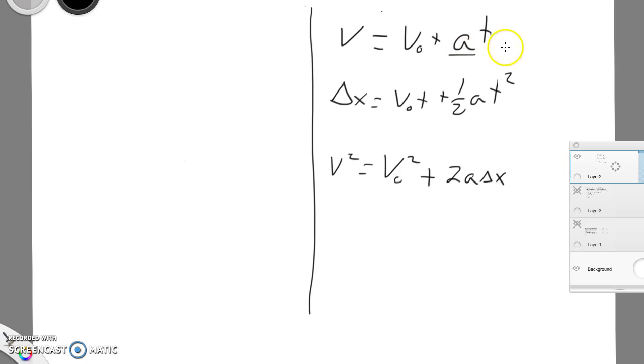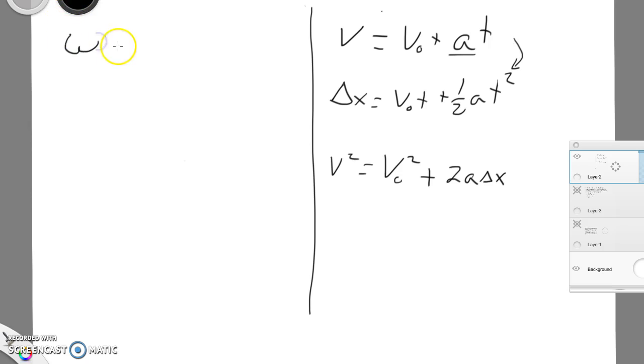And all of these are pretty closely related through calculus, through derivatives. These two especially are related because if you take the derivative of this equation with respect to time, you actually get that one. This one, there's a little more algebra involved, but all of it has to do with the fact that acceleration is constant. And so when we have constant acceleration for angular quantities, the same thing applies.